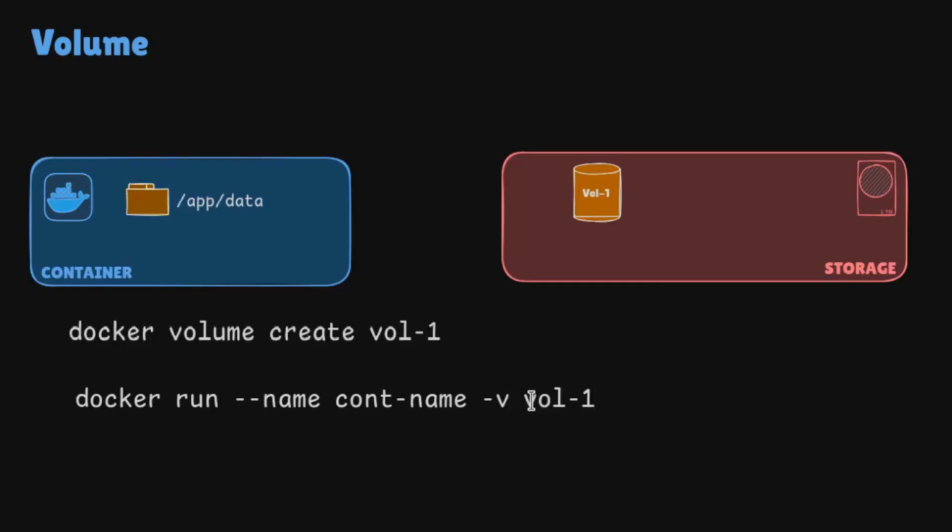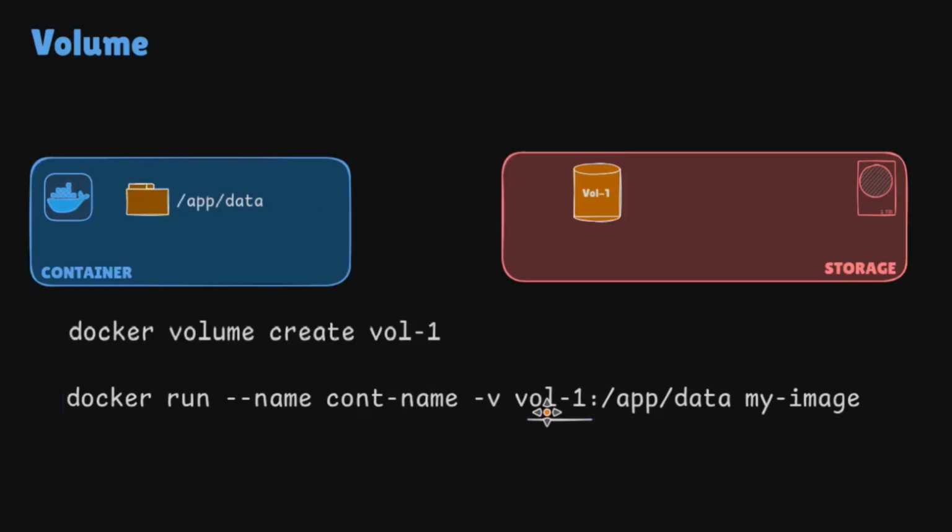Earlier we were using the folder here, but now we'll be using that volume name, and then we'll put the colon and mention the path within the container, app/data, and then the other options like my image, etc. You will put the image name here. So the important thing is that here you are just using the volume name instead of the folder. So you will need to create this volume beforehand. Earlier, in the case of bind mount, you were creating the folder, but here you will just create the volume.